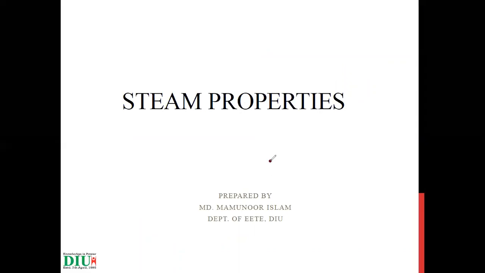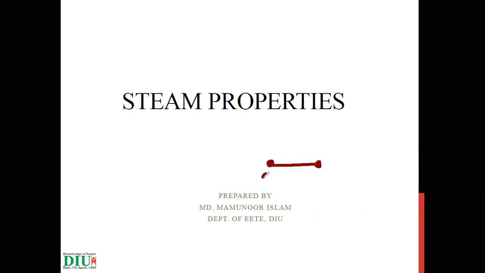Suppose you take a point, you are taking 0 degree Celsius ice. My students, 0 degree Celsius ice. I'm representing ice as I. I'm just telling you the transformation of ice, water, steam.